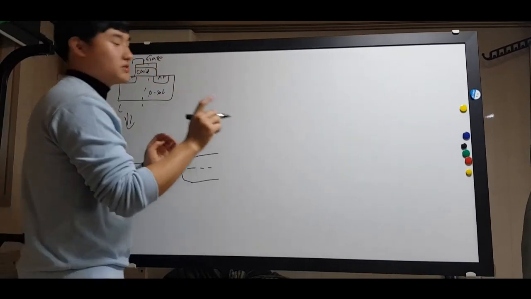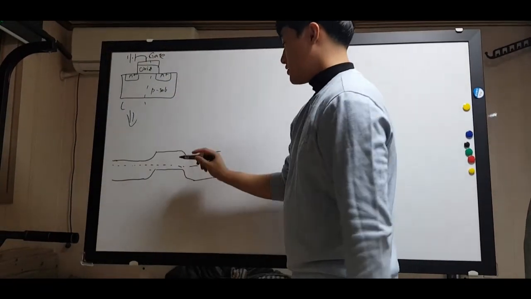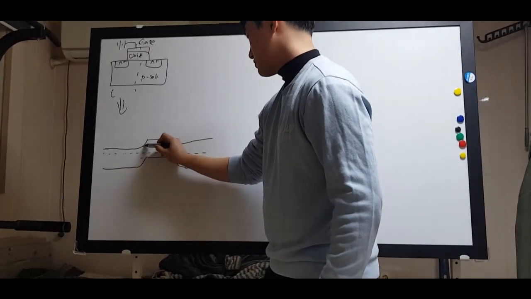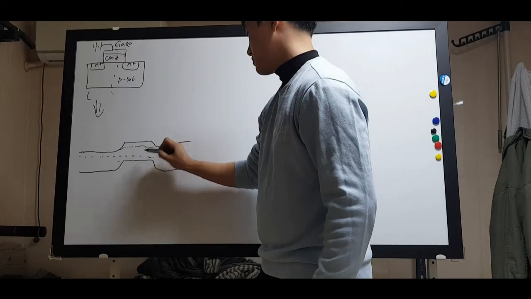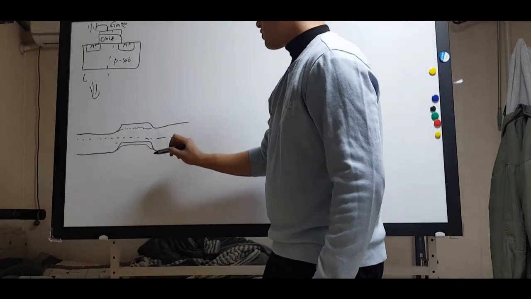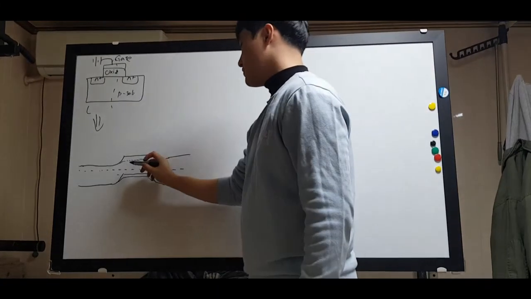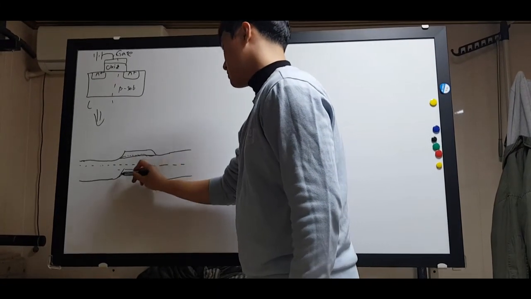A positive voltage, then the energy band diagram will go down. The more strongly we induce the positive voltage, the more the states will go down.